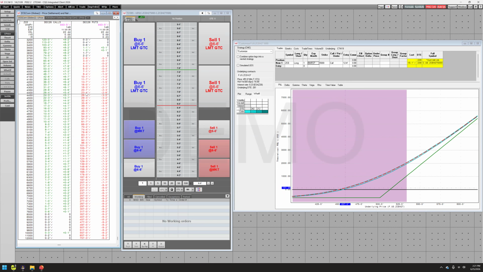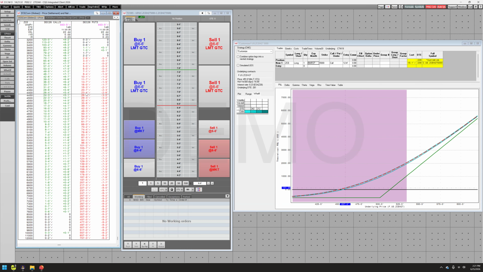So if we buy a 440 put and the market goes down to $4 at expiration, I would gross 40 cents, but I'm going to net, whatever I paid for that option at the time, which depends on the day, where the market is, how much time value is left, and how much volatility is in that option.